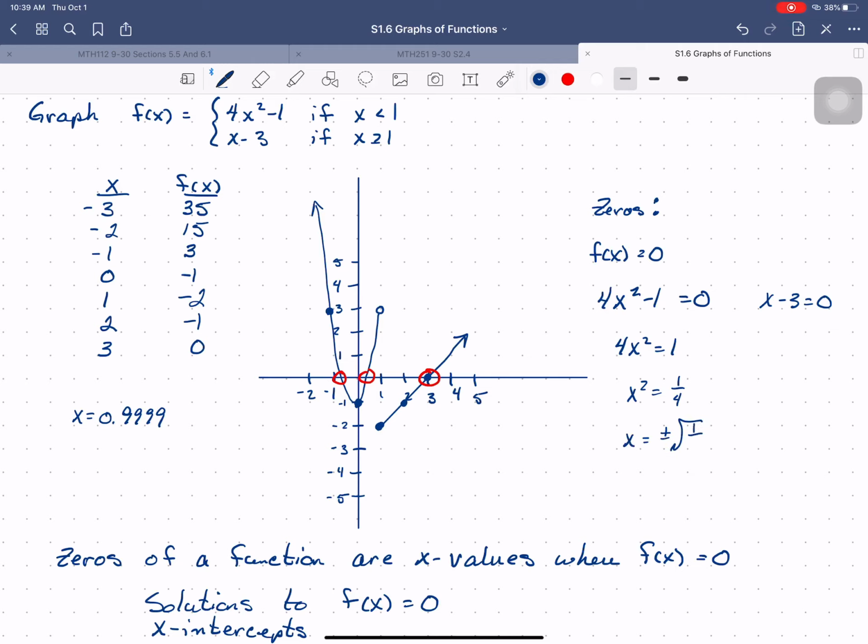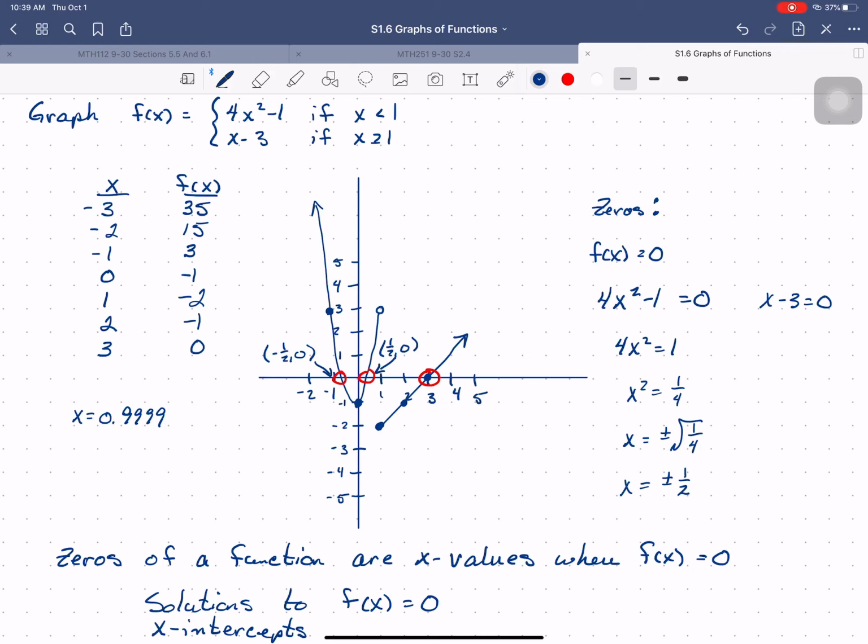Square root of 1/4 is 1/2. And those are these two zeros. So this function has a 0 at negative 1/2, 0, which is that point there, and at 1/2, 0, which is that point there.